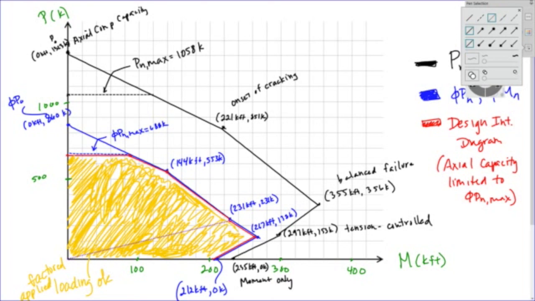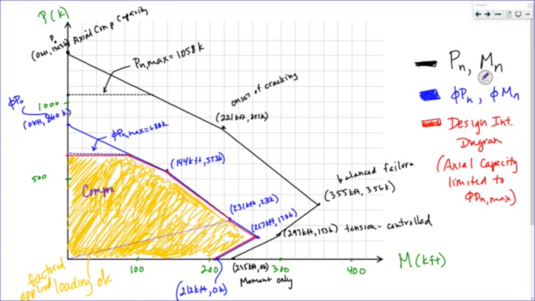It's not even that obvious, but anything above that purple line is compression controlled, where I had a phi of 0.65 because I have ties in this design.